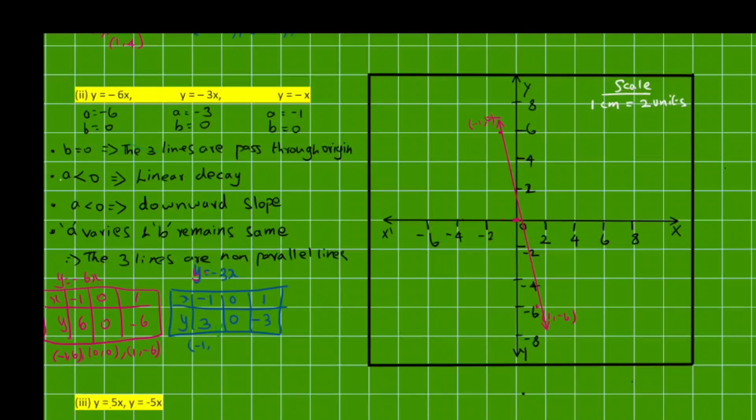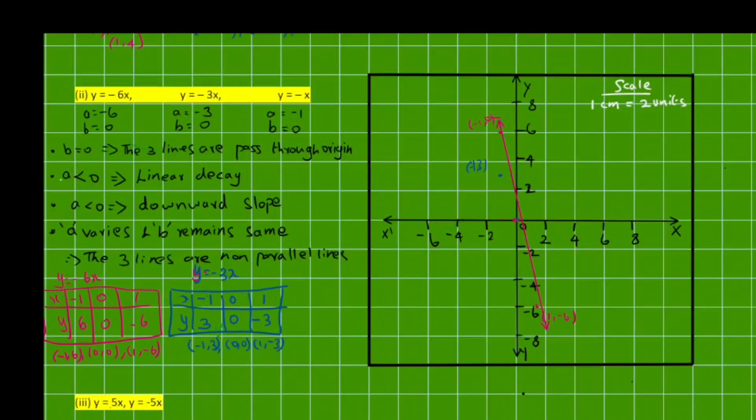So the points are minus 1, 3; 0, 0; and 1, minus 3. Now plot the points. Minus 1 is in between 0 and minus 2, so minus 1 and plus 3 is this position.